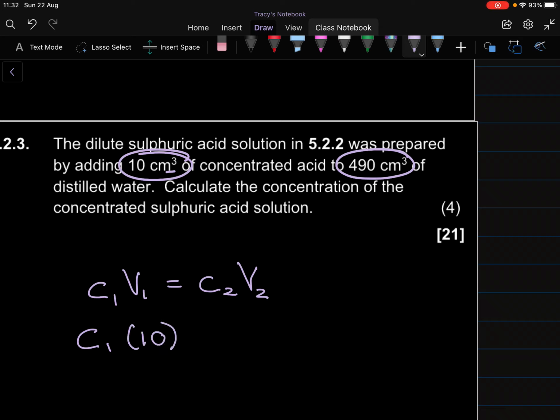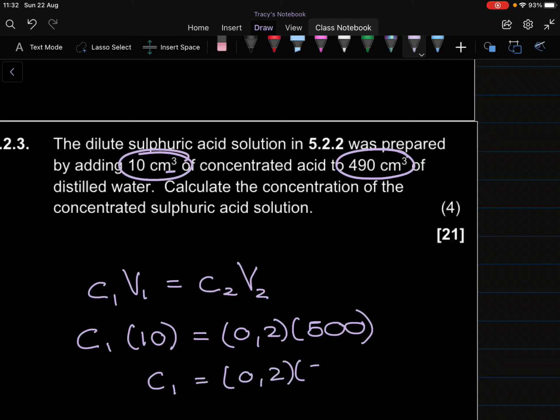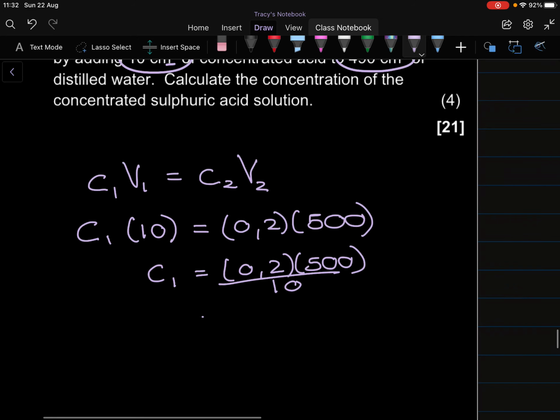I had 10 centimeters cubed of it. It became 0.2 and I ended up with 500. So C1 is going to be 0.2 times 500 divided by 10, which means I have 50 times 0.2, and that's going to give me 10 moles per decimeter cubed. Okay, hope that helps.